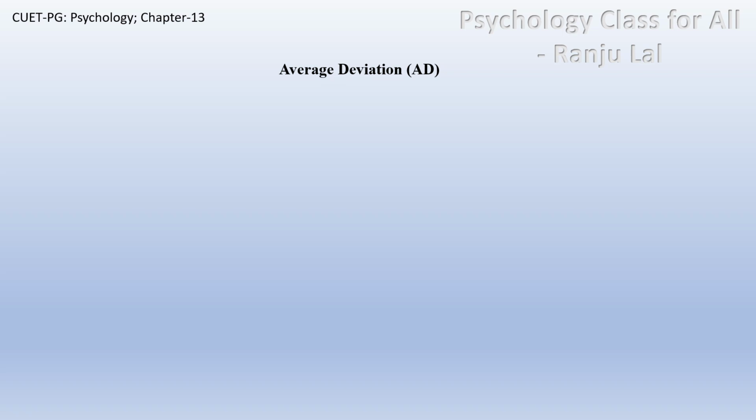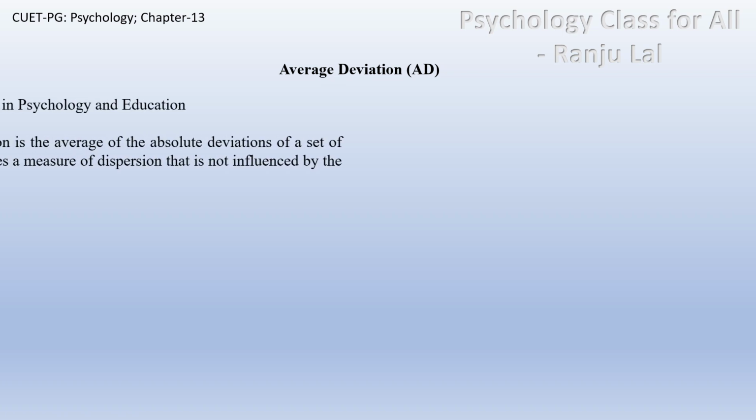To answer that, psychologists use something called average deviation, a very intuitive way to measure how far scores drift from the center. And the best part, it is simple and super relevant.